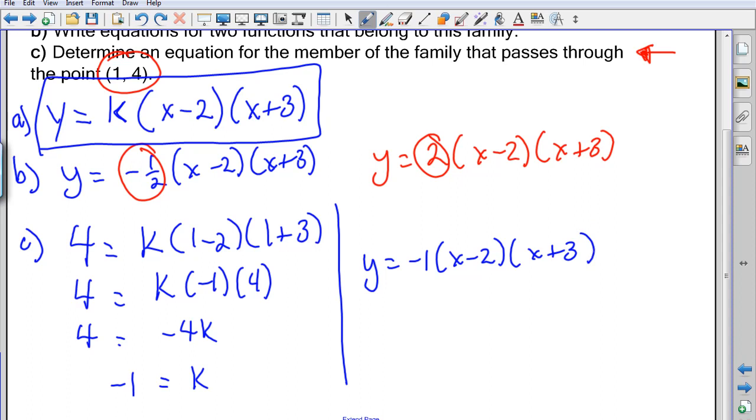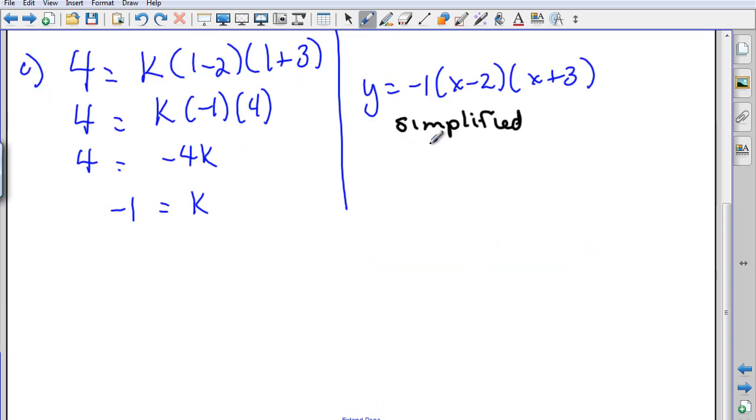Now, this might be a good time to introduce a next step with this. Sometimes the question will ask you to determine an equation that is what we call simplified. If the question asks you to write the simplified equation, really what they want you to do is expand. So we would take y equals -1 and we would FOIL the two binomials out.